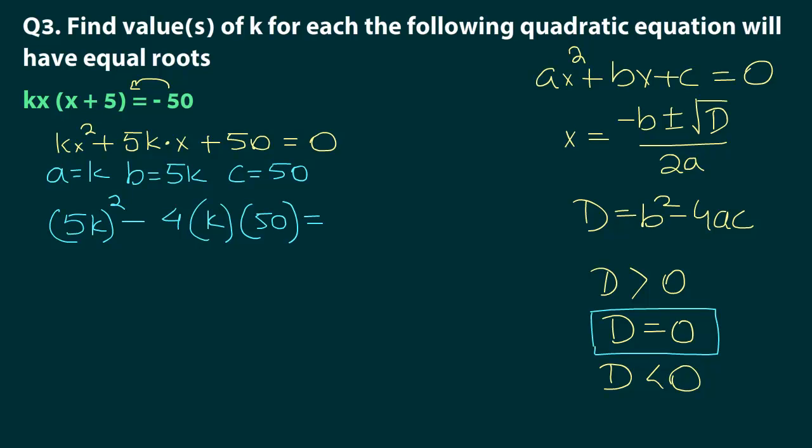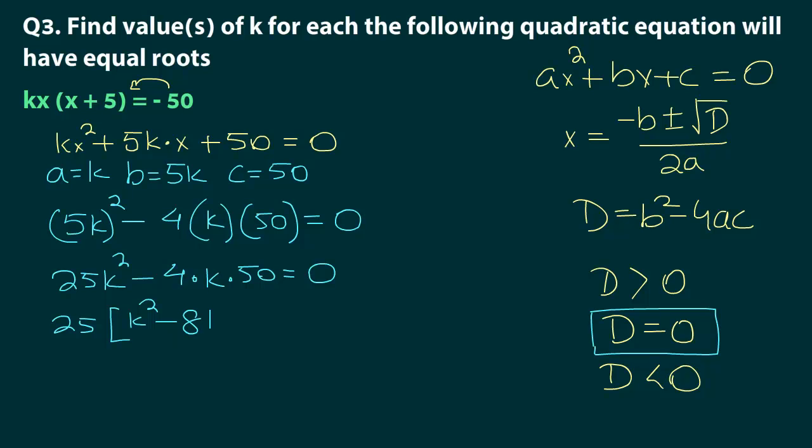This value should be equal to 0, or 25k squared minus 4 times k times 50 will be equal to 0, or we can take 25 common. We will be left with k squared minus, so 50 can be written as 25 times 2, so 4 twos are 8. This will be equal to 0.